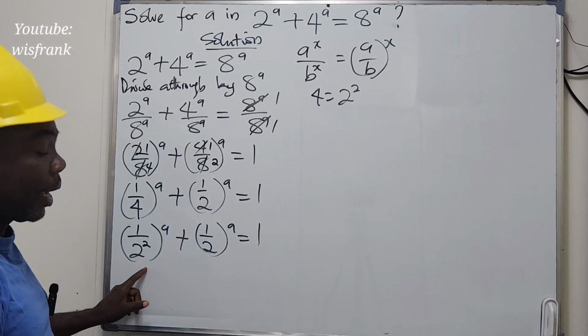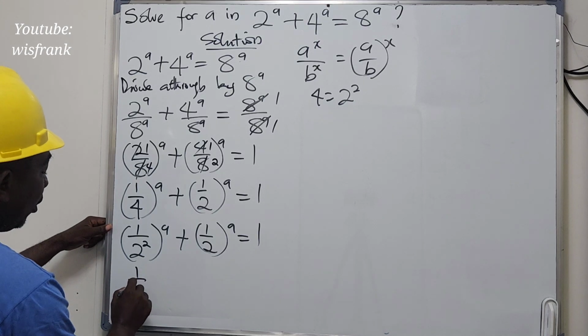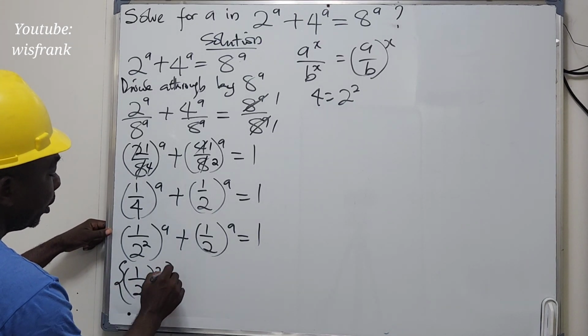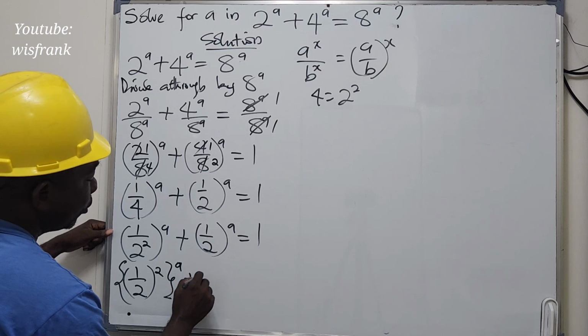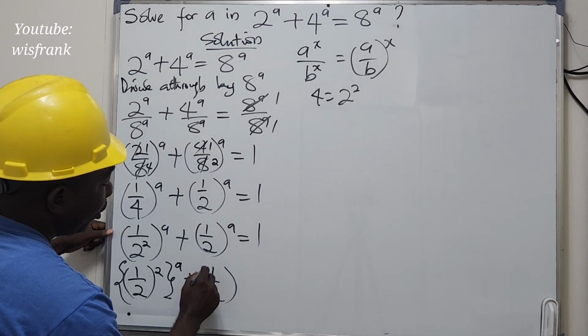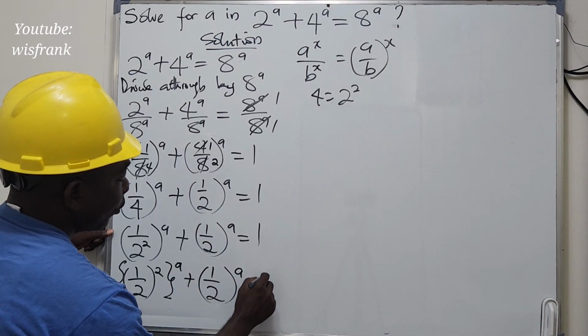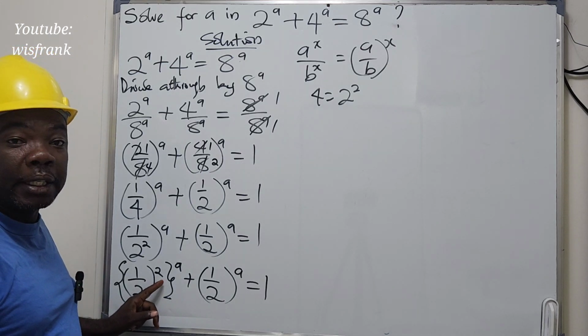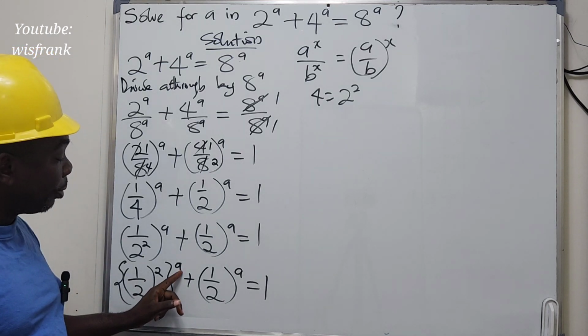So this can be written as ((1/2)^2)^a + (1/2)^a = 1. We have the power of 2 inside the bracket and also the power of a.